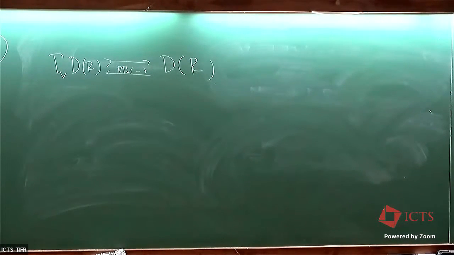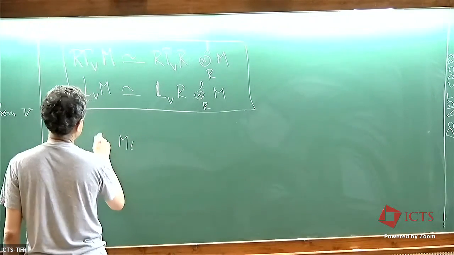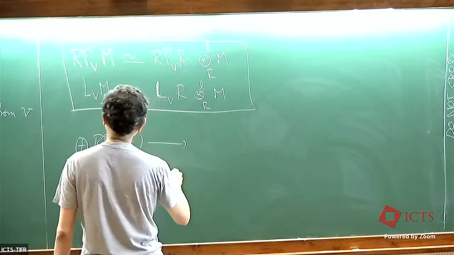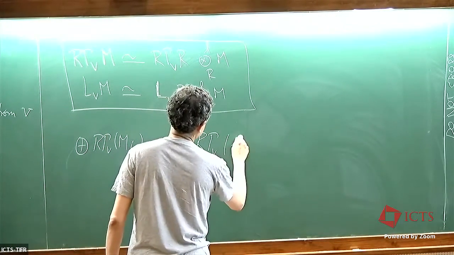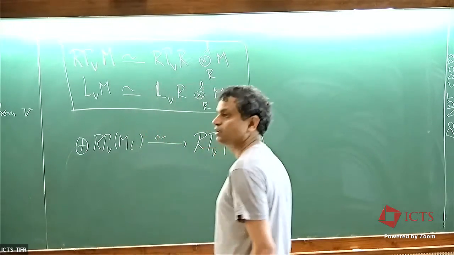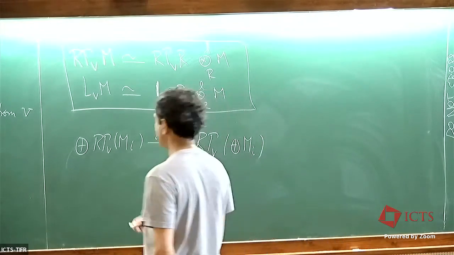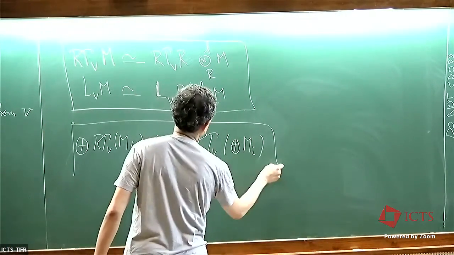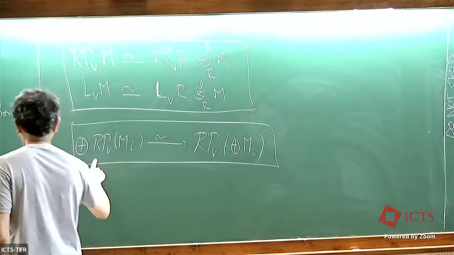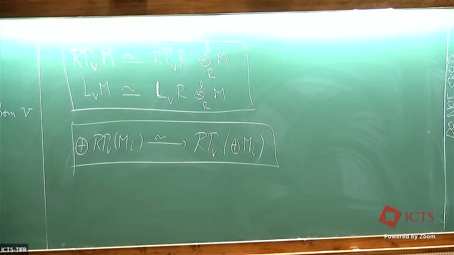Another consequence of this property is that if you take a collection of modules and look at the natural map from here to this, the local cohomology functor commutes with arbitrary sums. And this is then true also for LV. This is again a consequence of the fact that the V-torsion objects are compactly generated.